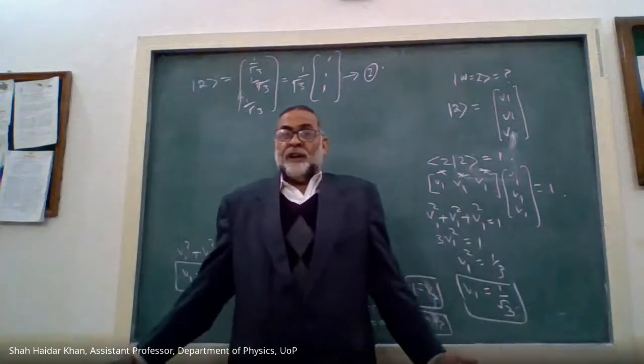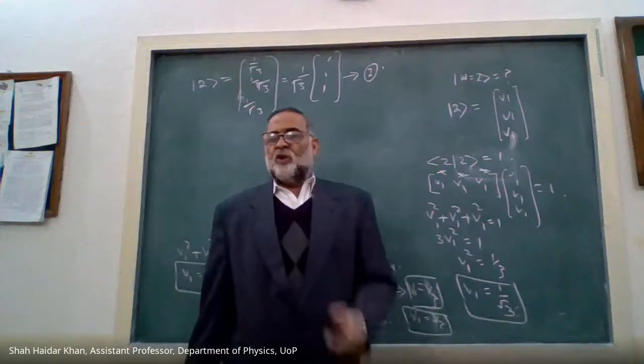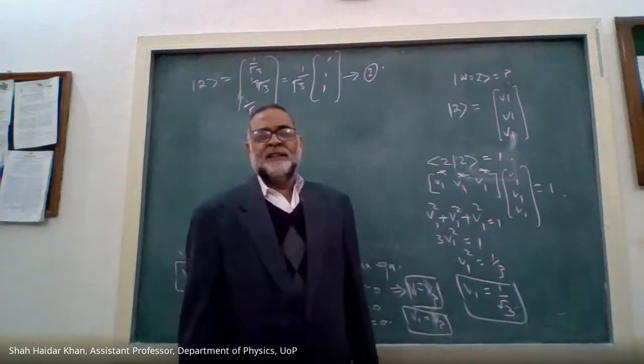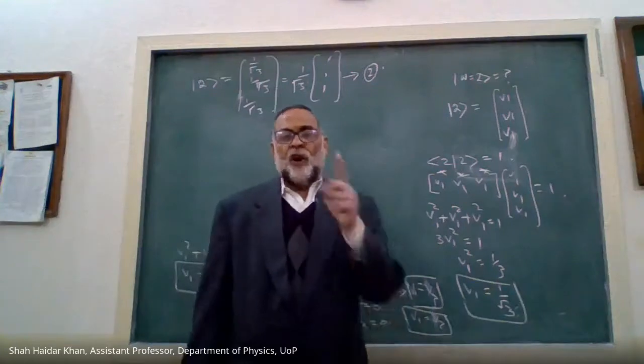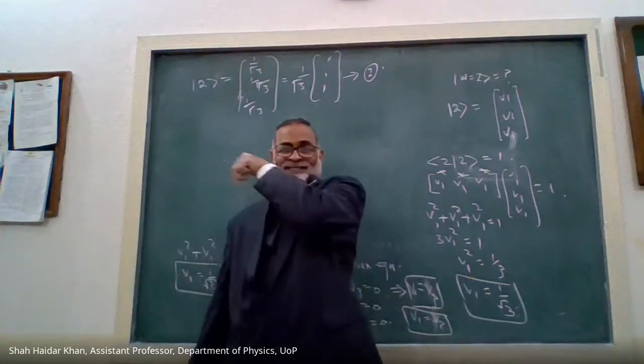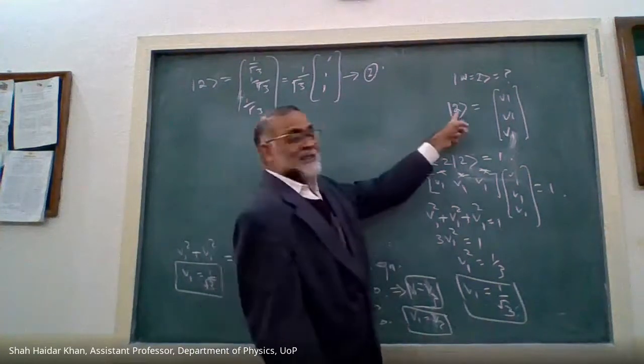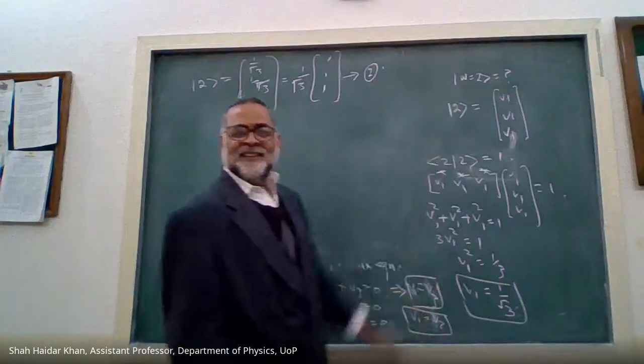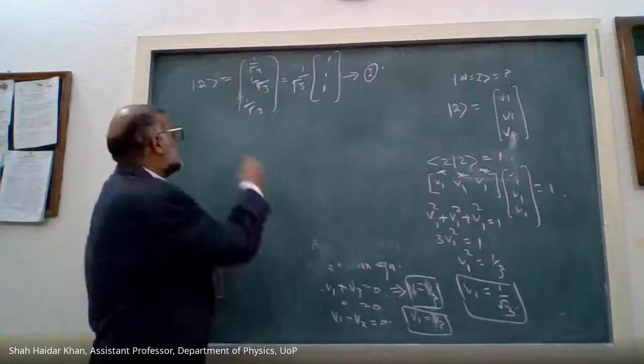How do we get our next vector? The condition is that it should be orthogonal to this one, to omega 1.